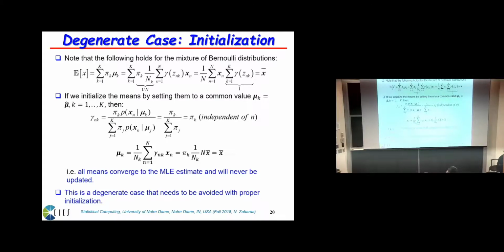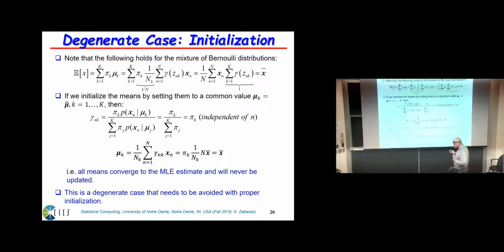All right, I am not going to go through this slide, but there is an issue. When you start the algorithm, if you put the probabilities mu_k for every component in the mixture to be the same value, then it comes out when you plug it into the M-step calculations that these variables N_k will never change.